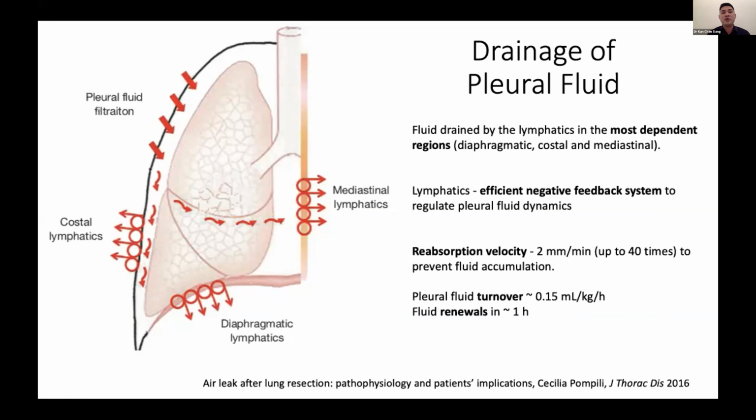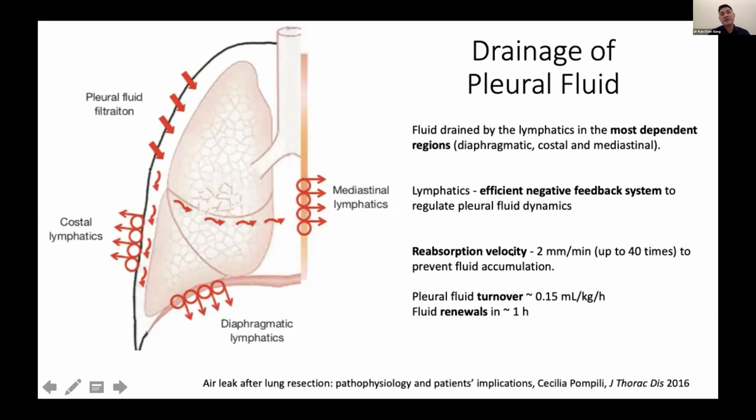Say, for example, you have a 10 times increase in the filtration of the fluid, for example, because of an increase in the hydrostatic pressure or an increase in the permeability due to inflammation. Now, studies have shown that even though you have a 10 times increase in filtration, the amount of pleural fluid at that particular time will not even be doubled, because there is a concurrent increase in the rate of lymphatic drainage as well.